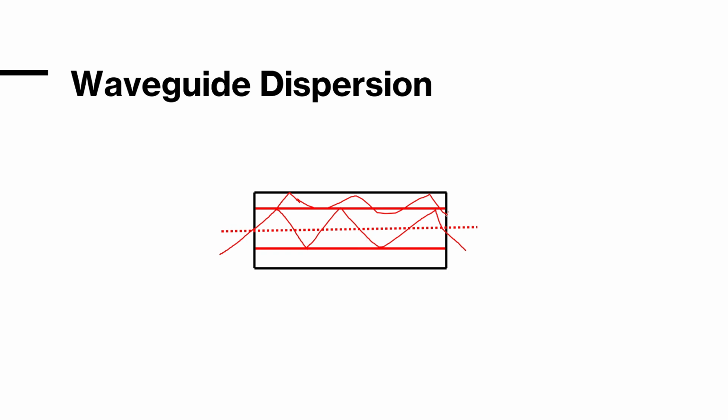So the light signal propagating through the cladding will arrive earlier as compared to the light propagating through the core. Due to this, dispersion happens, spreading of the signal happens, and this is known as waveguide dispersion.